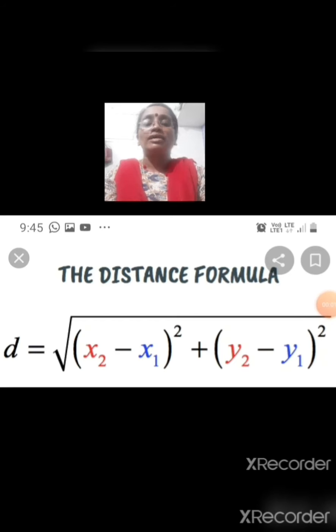You know the distance formula, d is equal to root of (x2 minus x1) whole square plus (y2 minus y1) whole square. One question for you. If instead of x2 minus x1, I write x1 minus x2, like 4 minus 3 if that is the correct position, I write 3 minus 4, but whole square is there, no?